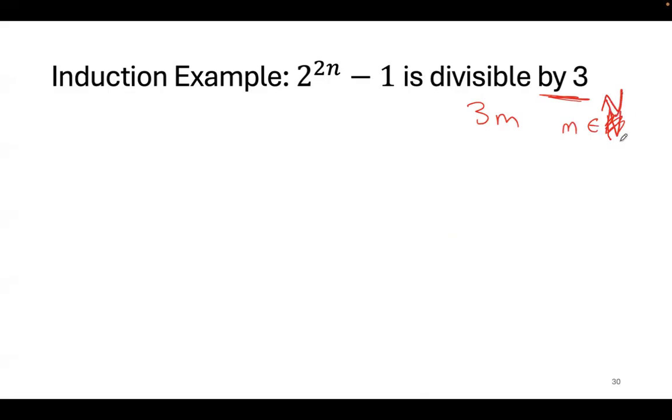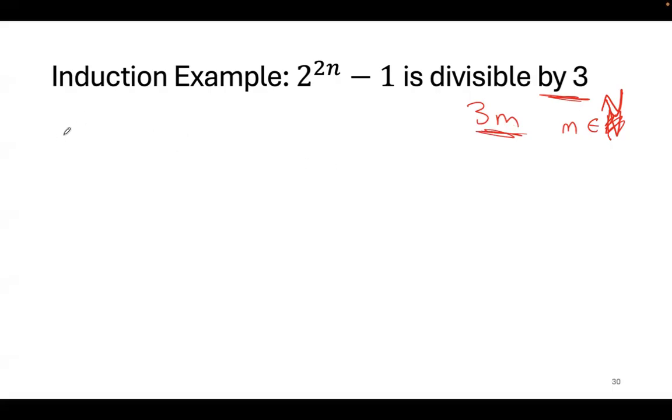It's a weird blackboard N. It basically means the set of natural numbers, which is 0, and then 1, and 2, and so on. So basically not negative. So divisible by 3 is what we're looking for, where we can pull 3 out of something.